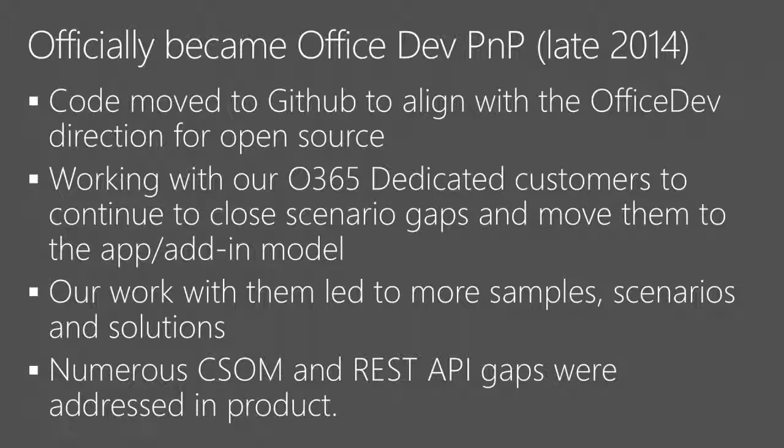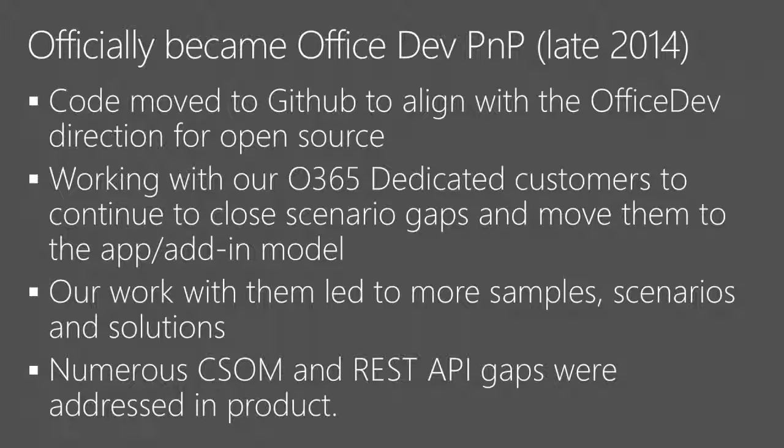And so our work with them led to a lot more samples, a lot more scenarios, and a lot more of what we call solutions. So actually kind of canned approaches that these customers can use. And so these are some of the biggest customers in the world, and they're actually, believe it or not, running this code as it is today in some of these scenarios. And so it's quite interesting to see that approach.